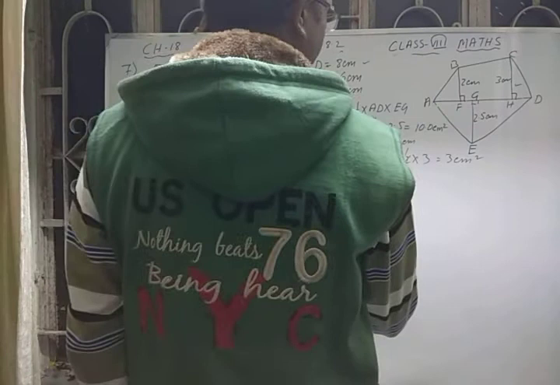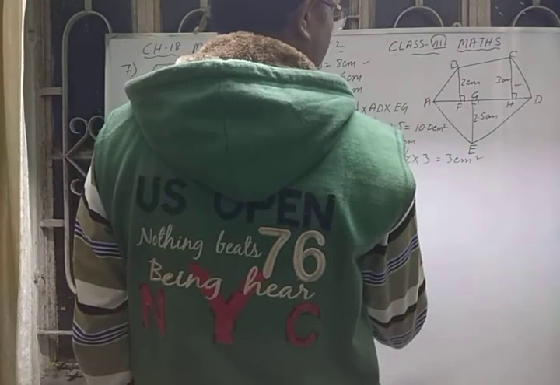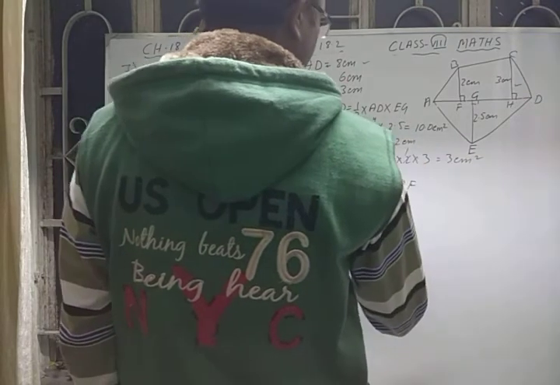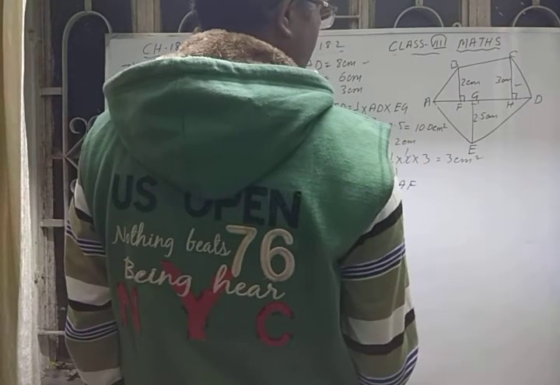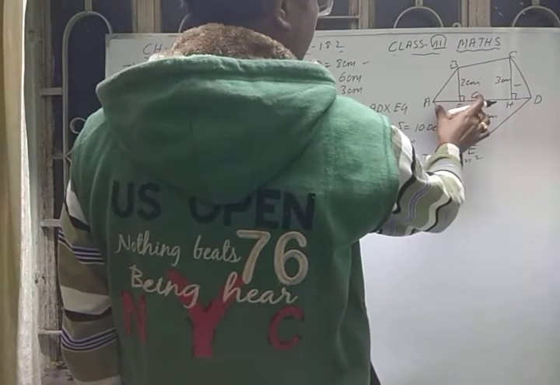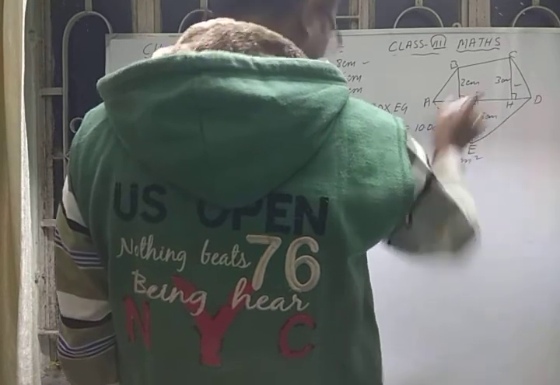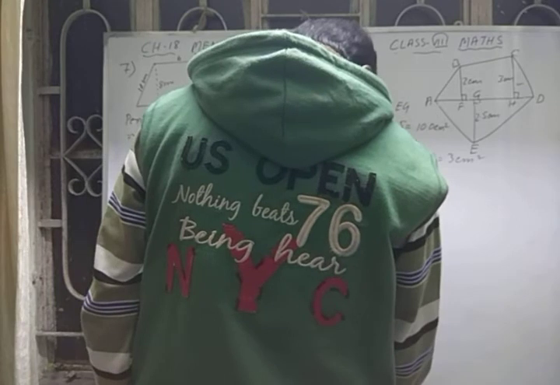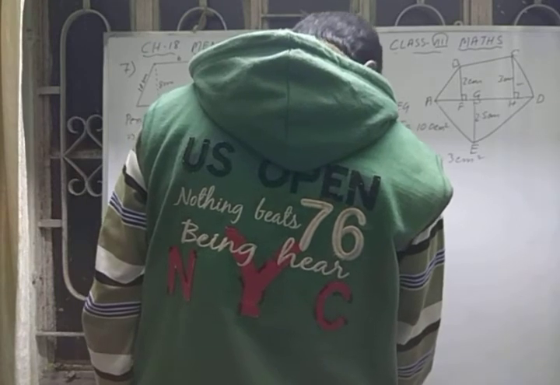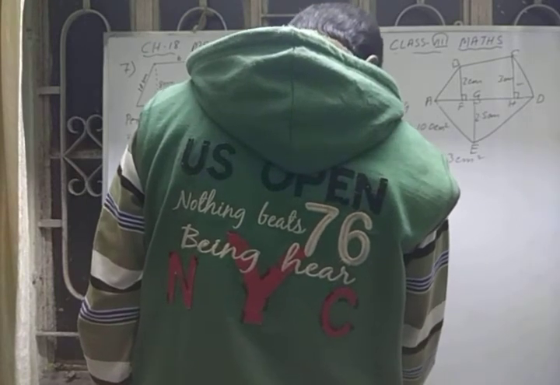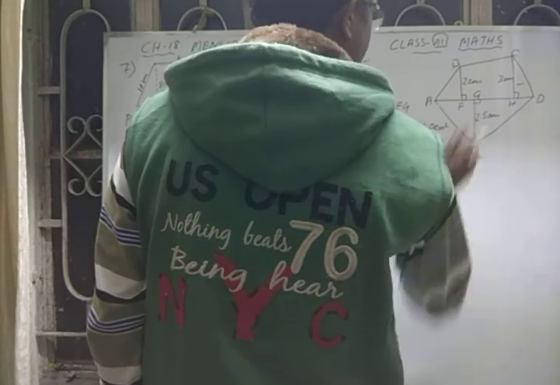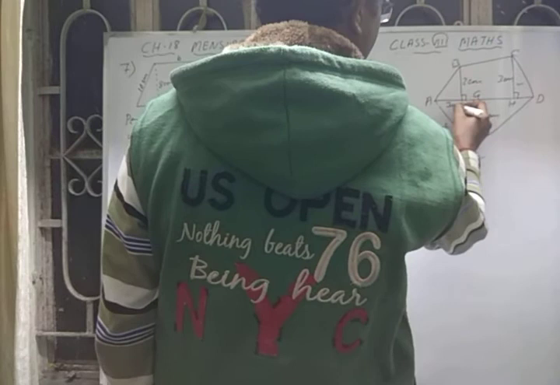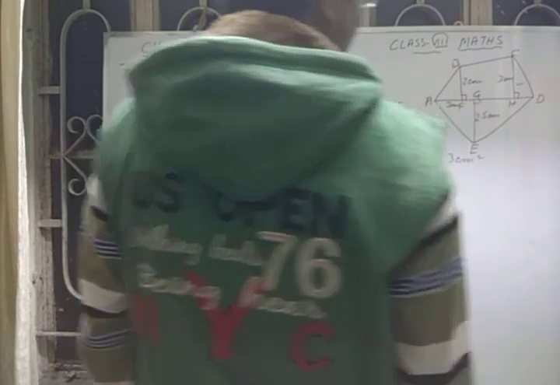So what is AD here? 8. HD we have got 2, and you don't know AF, and FG also is not given, I think. AD is 8 and AF is given 3. Yes, AF is given 3 centimeter here. This is also given 3 centimeter. So you can easily find.